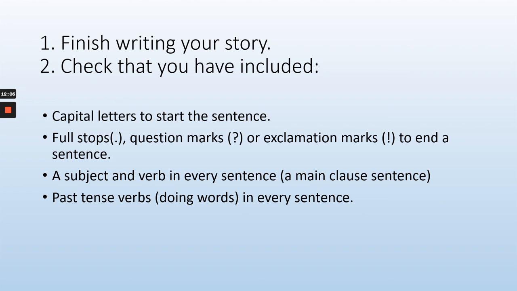A subject and a verb needs to be in every sentence to make it a main clause sentence. And past tense doing words, or past tense verbs, which are doing words, are needed in every sentence because we're retelling the story, so it all happened in the past.